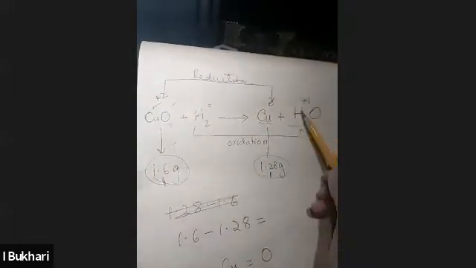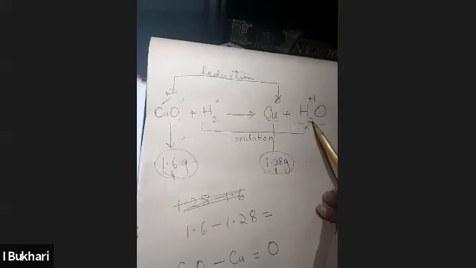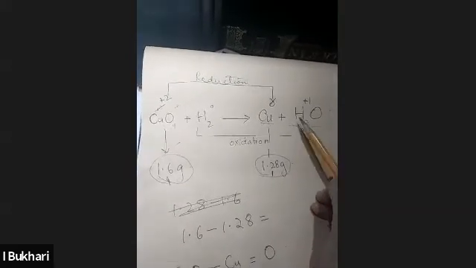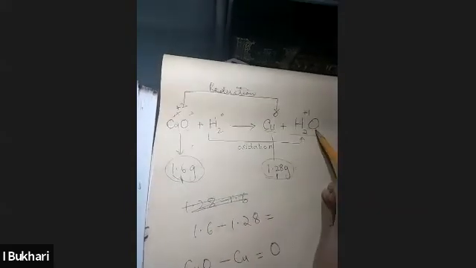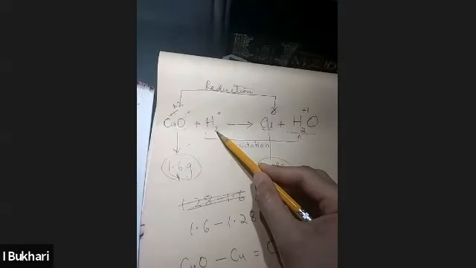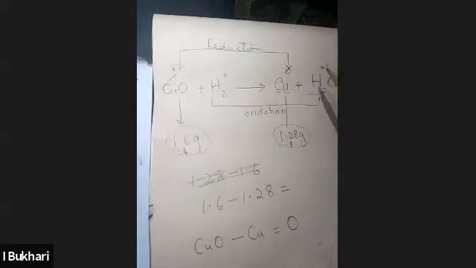Now write a word equation for the reaction, and then using the calculated formula for copper 2 oxide, write a full balanced equation for the reaction with hydrogen. So we have already written this equation, and I think it is balanced. 1 copper atom on the left side, 1 copper on the right side, 1 oxygen on the left side, 1 oxygen on the right side, 2 hydrogen on the left side, and 2 hydrogen on the right side.